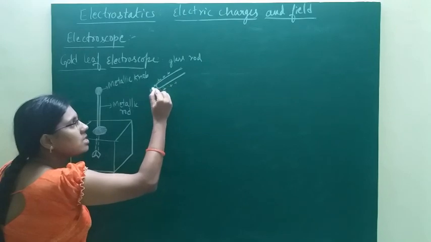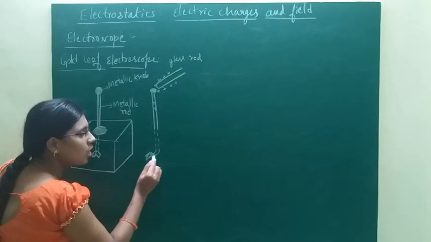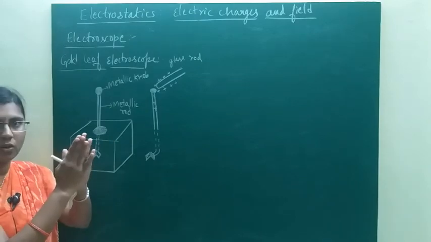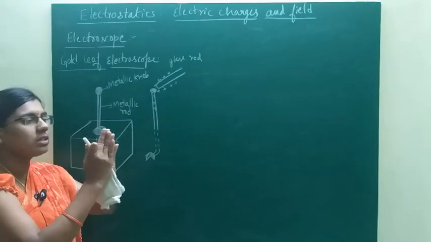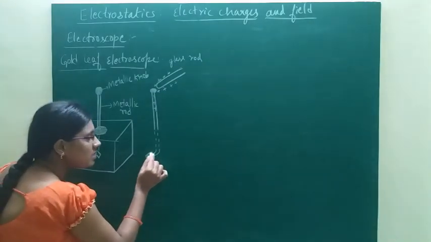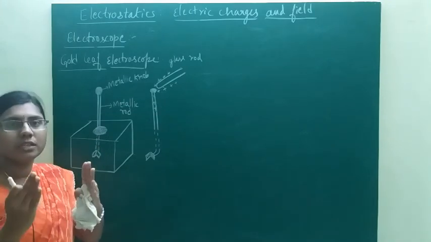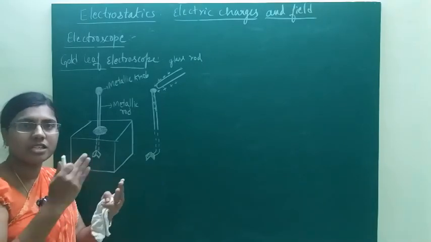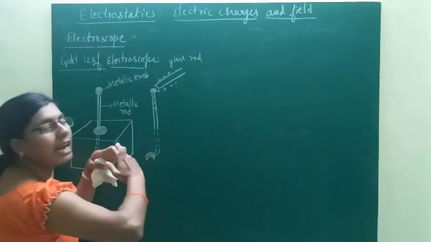The charges will pass through this metal rod to the gold leaves, so the leaves of gold will diverge. Why do they diverge? Positive charges are deposited in both the leaves. Two bodies charged with the same kind repel each other. Therefore, these gold leaves diverge.